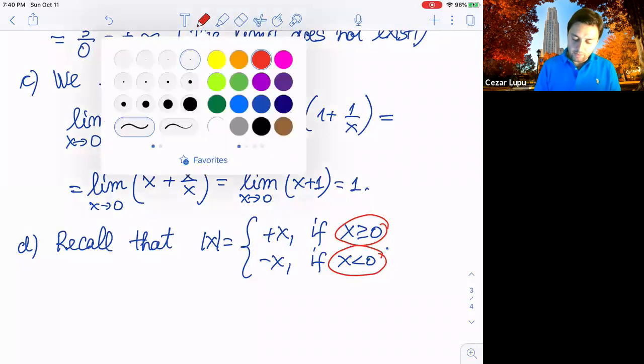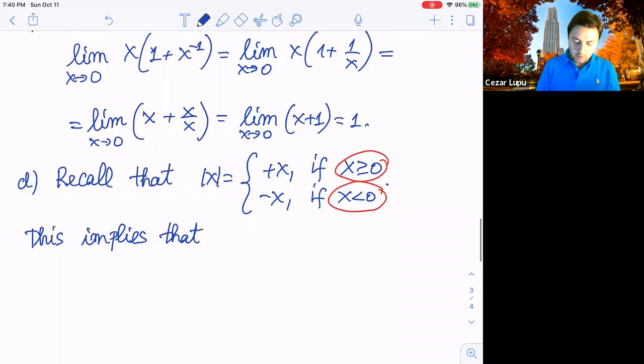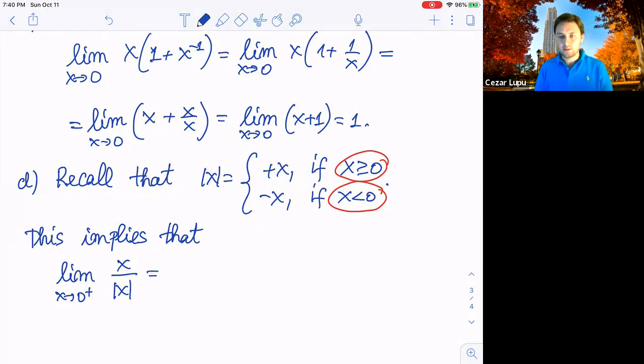And now I will have the following. So this implies that the limit as x approaches 0 plus of x over absolute value of x is nothing else. So keep in mind that the 0 plus is the limit as x approaches 0, but from the right. So this would be the lim as x approaches 0 plus.